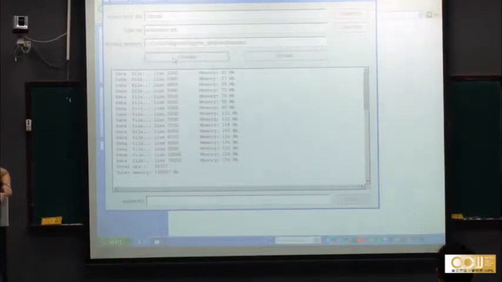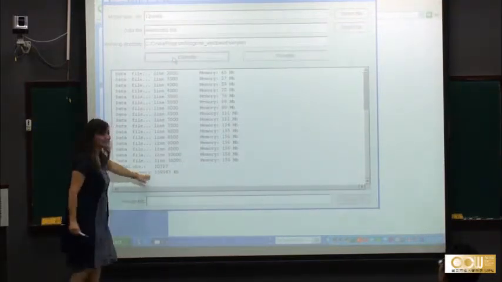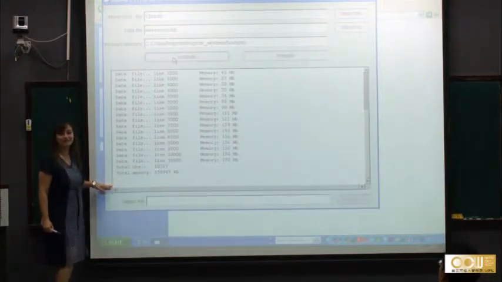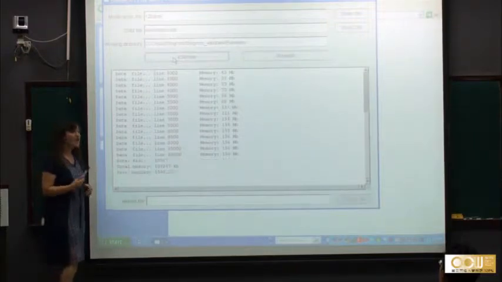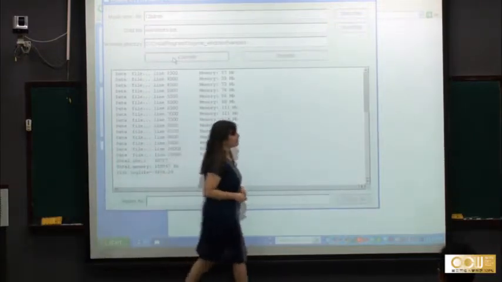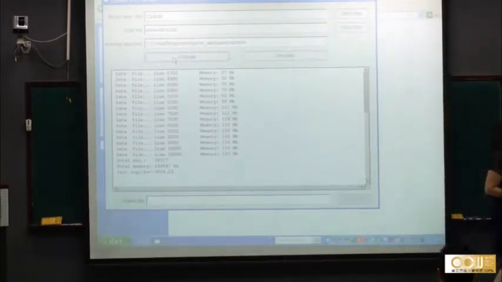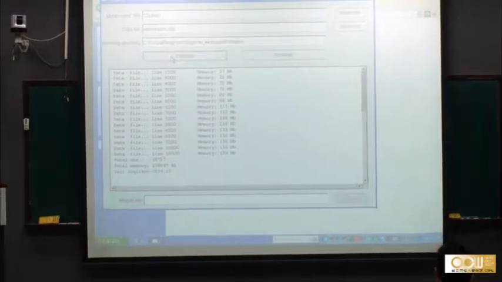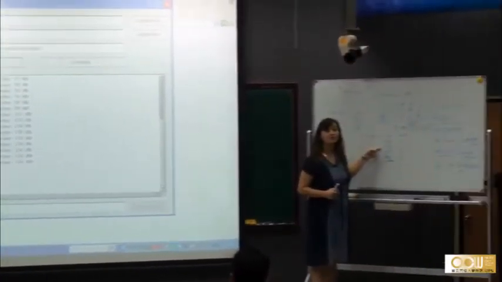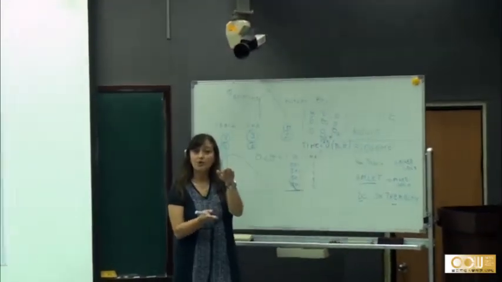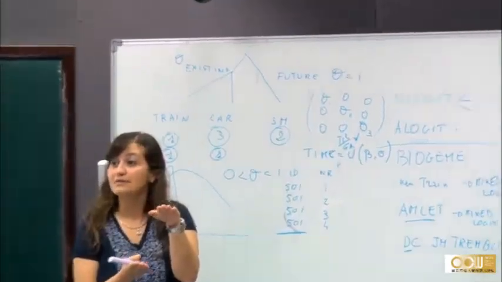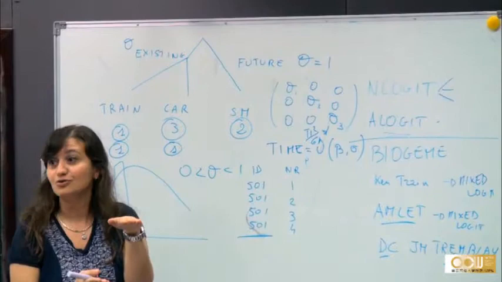So any idea? Just throw out an idea. Why was it kind of faster in generating that? But you see that he has not done anything yet, not even one run of estimation. So it takes time. He was a little bit faster because he needed to generate fewer random draws, because it generates one random draw for each individual. So if multiple observations are associated to the same individual, you need to generate fewer random draws.